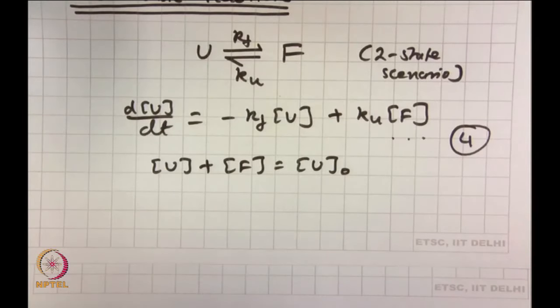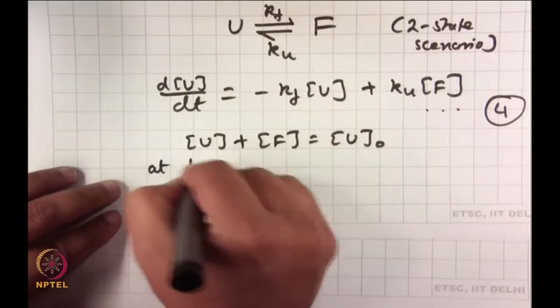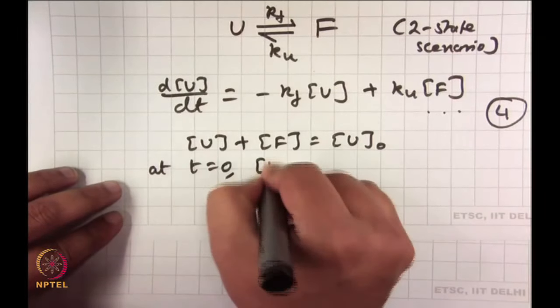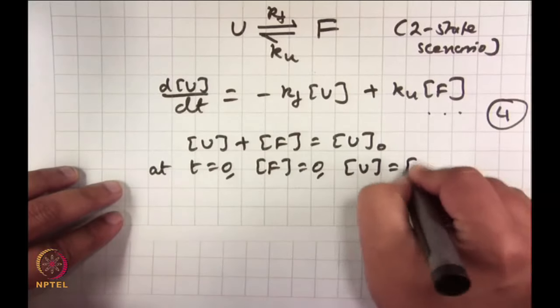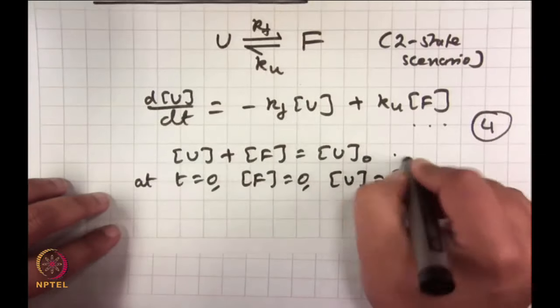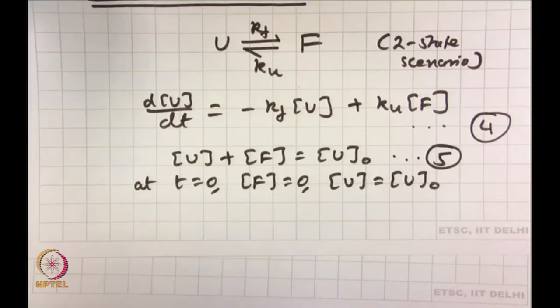My assumption is that when I start, at t equal to 0, concentration of f is equal to 0 and concentration of u is equal to u naught. Maintaining the fact that nothing is lost or gained, u naught should be equal to concentration of u plus concentration of f at any given time.